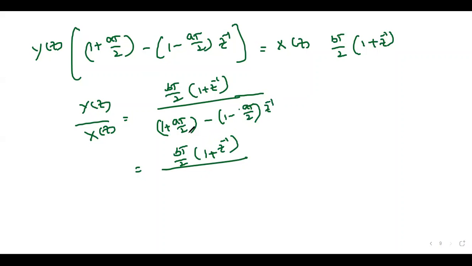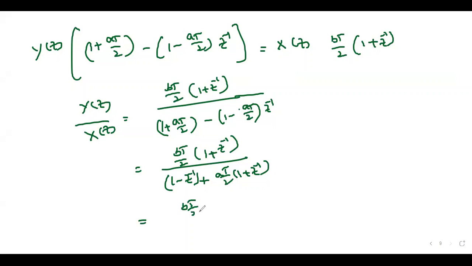Right. Now Sandhya, correct. Then this 1 minus z inverse, 1 minus z inverse, we can write. Then plus aT by 2, plus aT by 2. So aT by 2 into 1 plus z inverse, I can write. So this plus this, I can't take it common, but I will take 1 plus z inverse common. So that numerator will be cancelled.